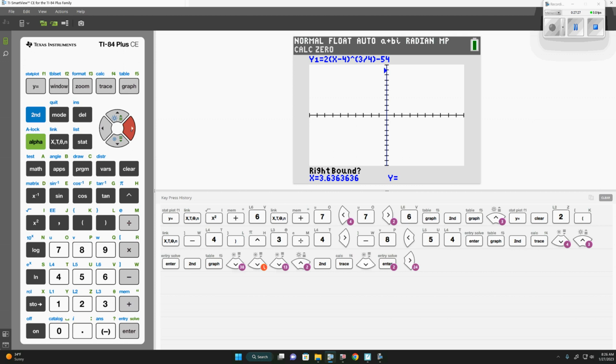I'm going to keep hitting the right arrow, so we got a number. And we're looking for where it crosses the x-axis. So right now the y value is negative, yes? So I'm going to keep going until it hits a positive number. It doesn't matter what it is, but it just has to be a positive value.